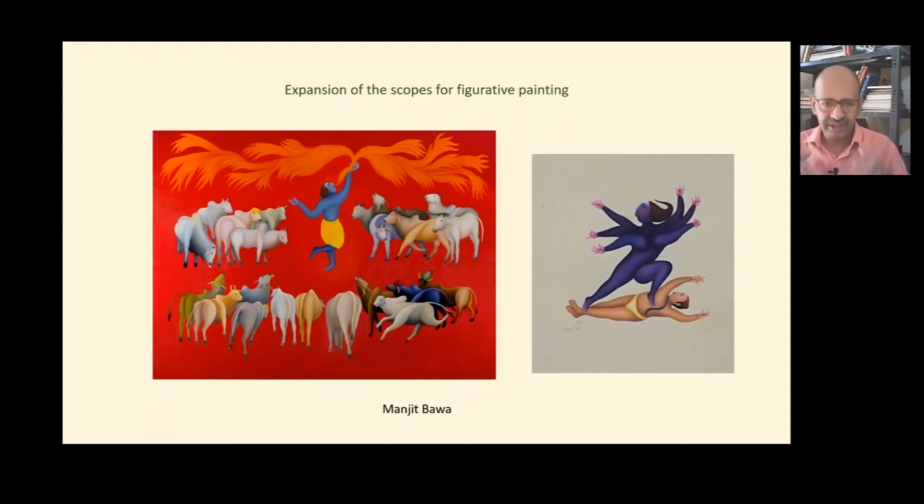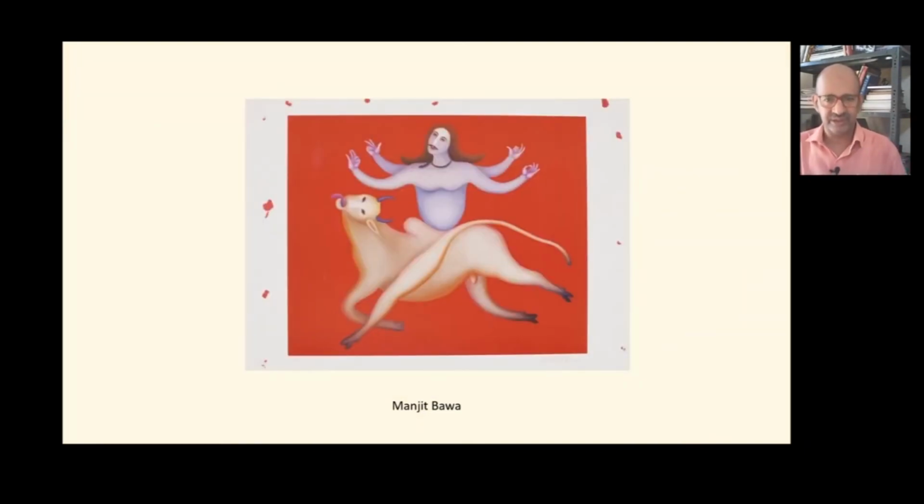But the figuration that Manjit Bawa uses is a completely non-traditional, non-conventional figuration, the concept of figure. This is his own. This is where an artist can contribute by devising his or her own figuration.